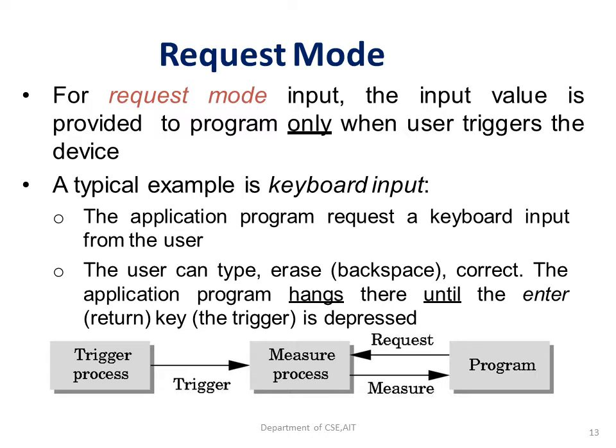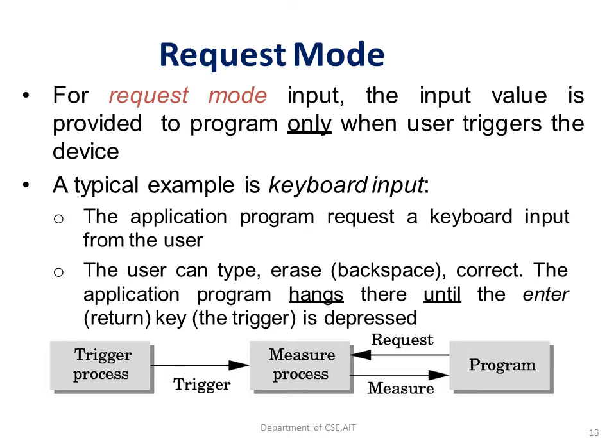In the request mode, the input value is provided to the program only when the user triggers the device. A typical example is a keyboard. The application program requests a keyboard input from the user. The user can type, erase, and correct. So the application program will be waiting there until the entire key is depressed.